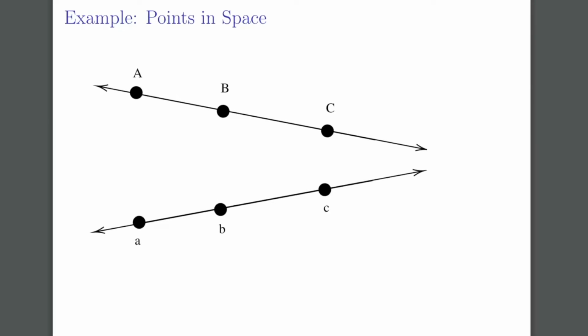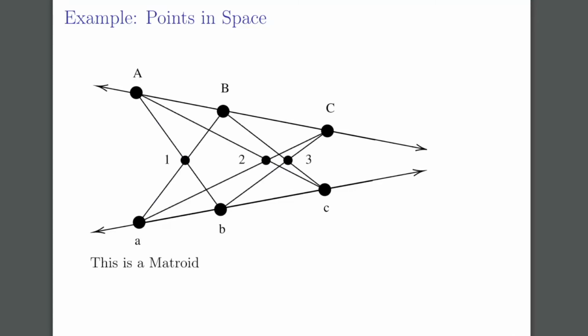So I'm going to start with these 2 dependent sets, these 2 lines with 3 points each, sitting in space, and I'm going to draw some more lines between them. I'm basically connecting the capital letters to the lowercase letters that are different from them. And I get some intersection points, and I'm going to label them 1, 2, and 3.